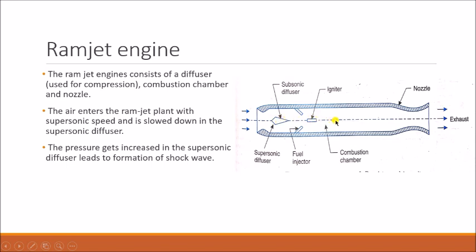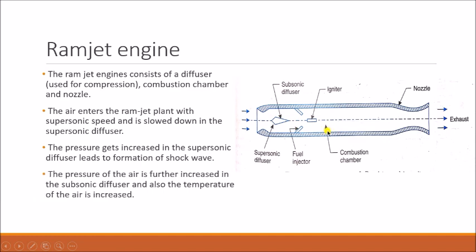Now the fuel is injected in the combustion chamber using these fuel injectors, and it mixes with the air that entered from the left side of the ramjet engine. Once proper mixing of the air fuel mixture is done, the mixture is ignited, burnt by using the spark plug or igniter.